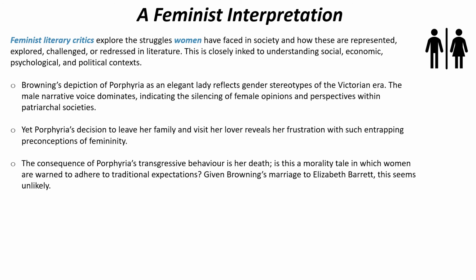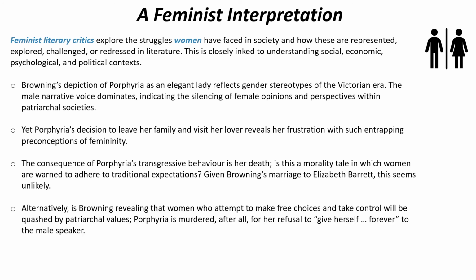And it seems really unlikely to me, because as I've mentioned, Robert Browning was married to Elizabeth Barrett Browning, and Elizabeth Barrett's work is full of passion for the rights of women and for giving women a voice and independence and agency. And I really don't think that Robert Browning would have had such a close relationship with his wife, and at least not agreed with her a little bit on that.